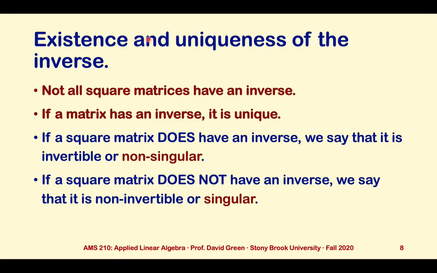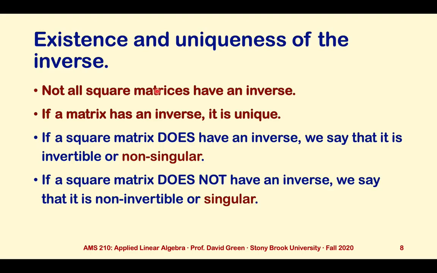First of all, let's think about existence and uniqueness. We will explore some demonstrations of these ideas further on in the unit. But for now, let me just make a few statements. First of all, not all square matrices have an inverse.